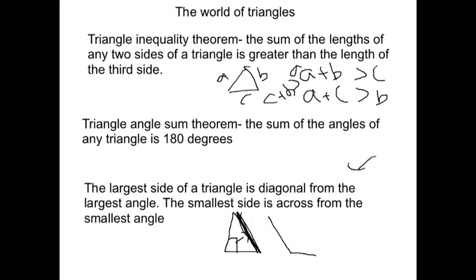If you have an obtuse angle in a triangle, it's going to be diagonally across from the longest side. So we know that in a triangle, if we pick out the biggest angle, the longest side is going to be across from it, and the smallest angle is going to be across from the smallest side.